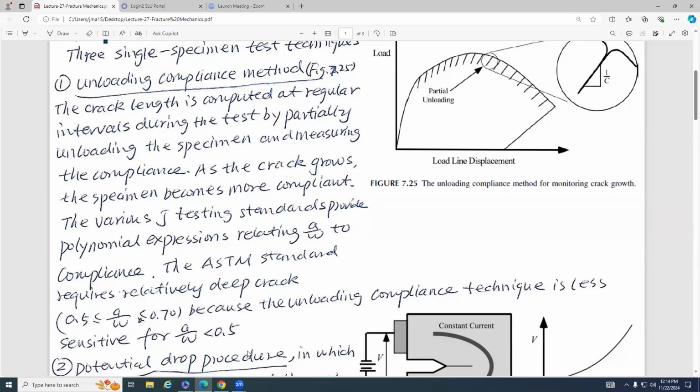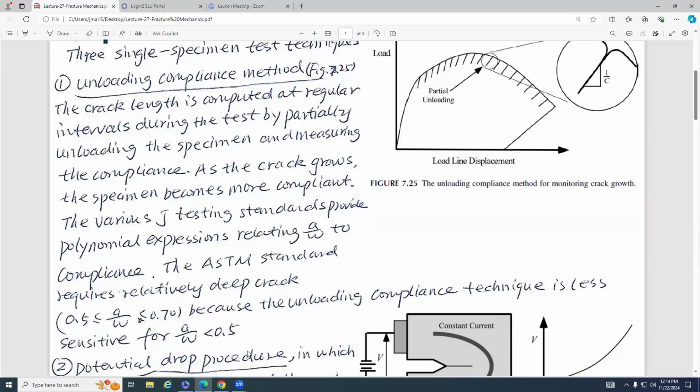Your instrumentation or device might not be able to detect the difference between the C's at the very beginning.